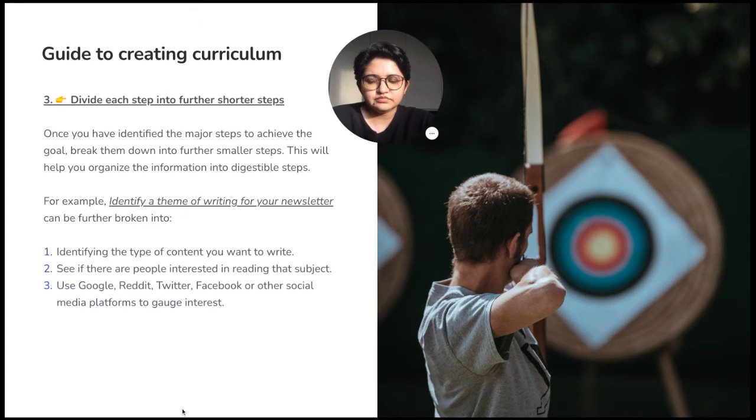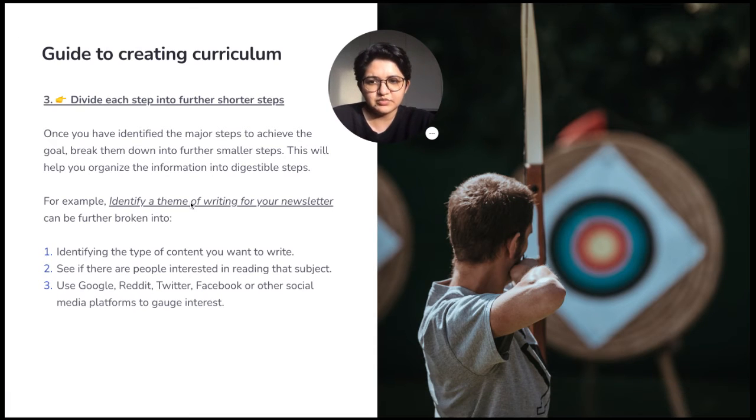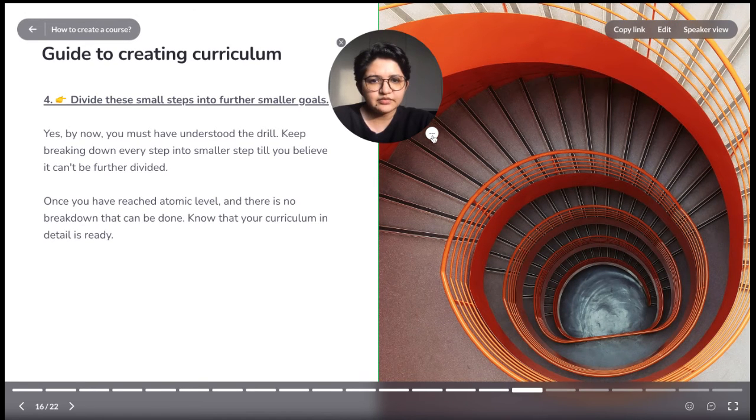This is sample content we have written. This module is further divided into three modules in which the course teacher would teach people how to identify the type of content, whether there are people who are interested in reading the subject, and how to gauge the market demand for the course. So let's take another step forward.